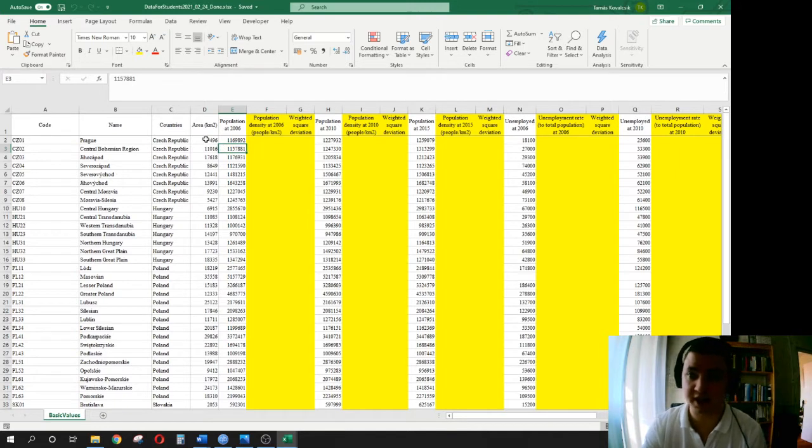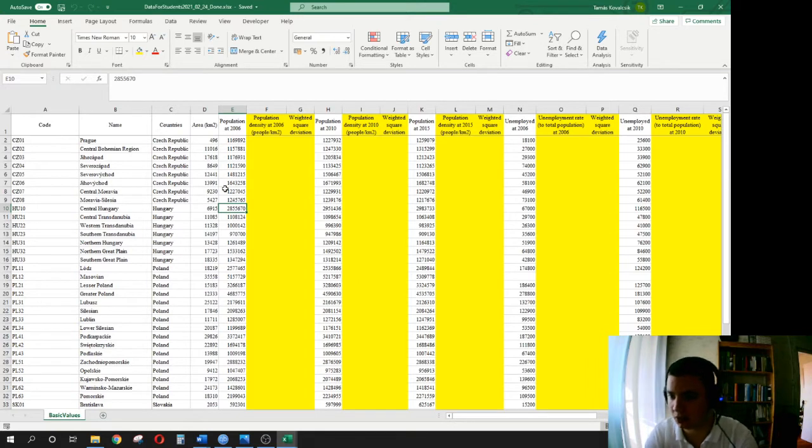For example, the area, which counts the square kilometers, the degree of the area of some subdivision, and population is also an absolute indicator which counts how many people live in those NUTS 2 regions, for example, Central Hungary.